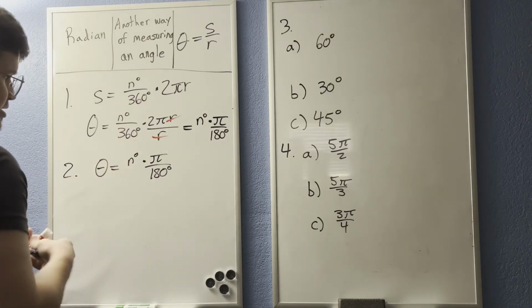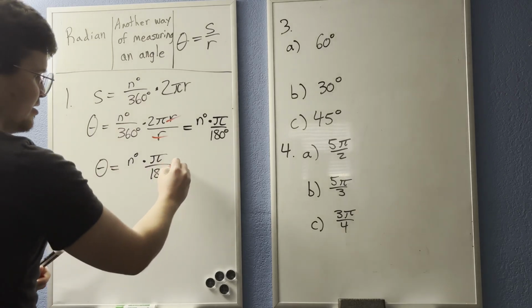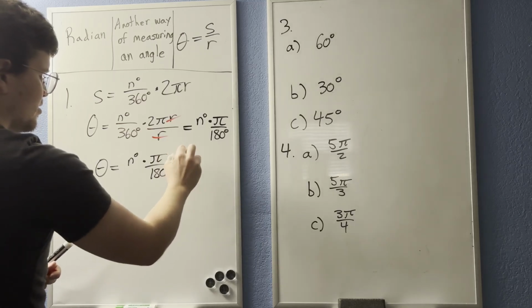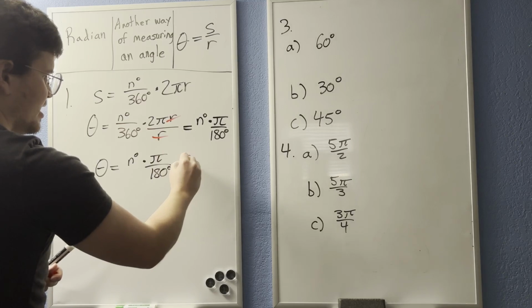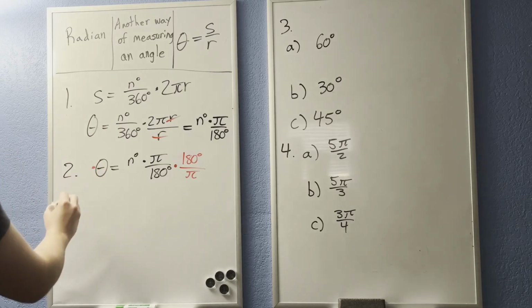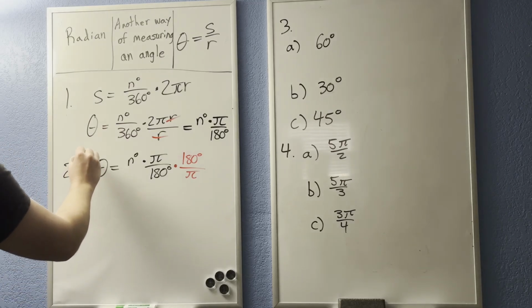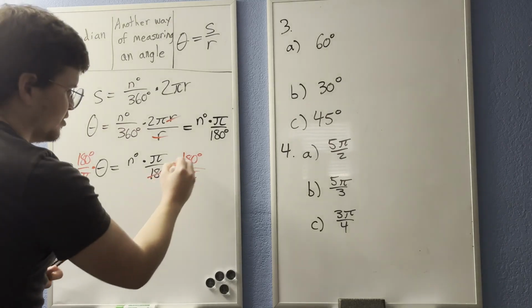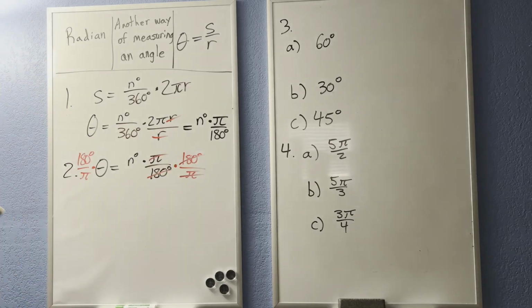To get rid of this pi over 180 here, I need to multiply both sides by 180 over pi, because those 180s then cancel and the pi's cancel on this side.